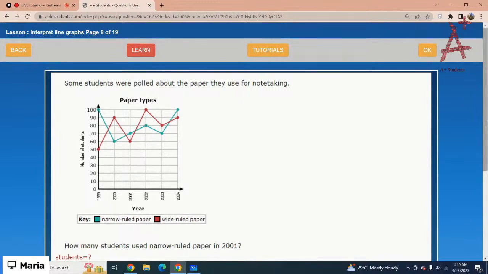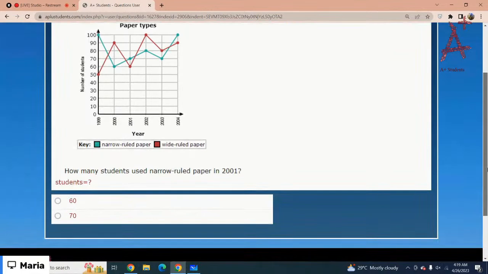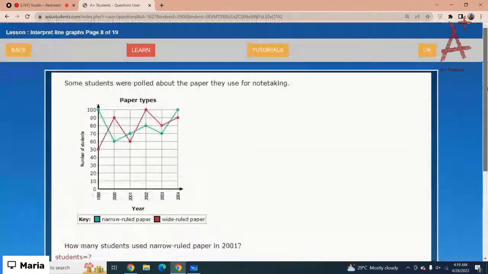Okay, very good. 2001 and narrow rule paper, which is the correct option? Yes, very good. That would be 70.